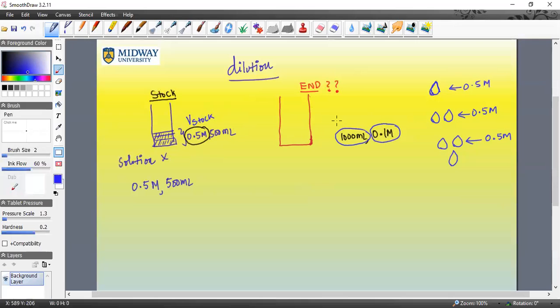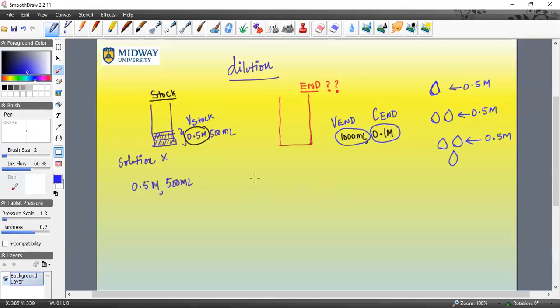And this is my end volume of my container, so I'm going to call it V end, and my final concentration I'm going to call C end. So you're just doing a dilution. As I said, this concept is the same whether you're dealing with solution X, B, C, etc.